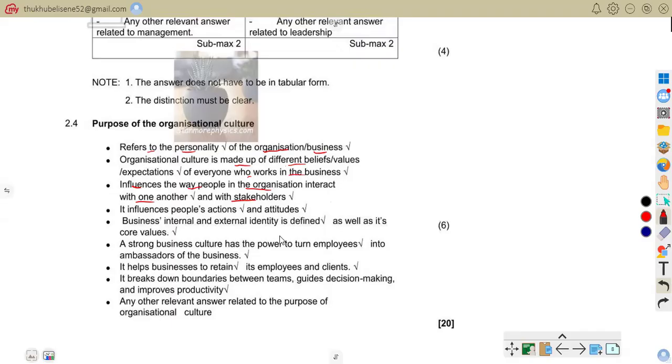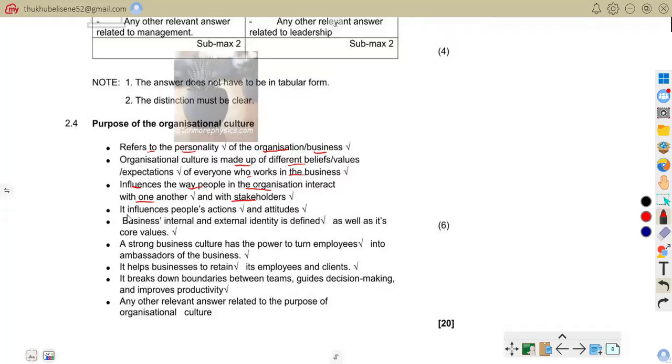That is that. It influences the way people in the organization interact with one another and with stakeholders. So it influences actions and attitudes. It influences interaction with stakeholders. For example, staff treat customers politely due to service culture.